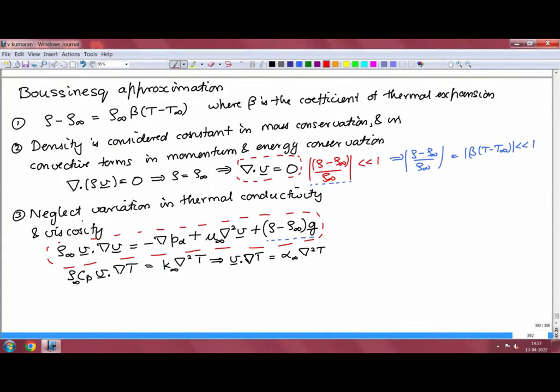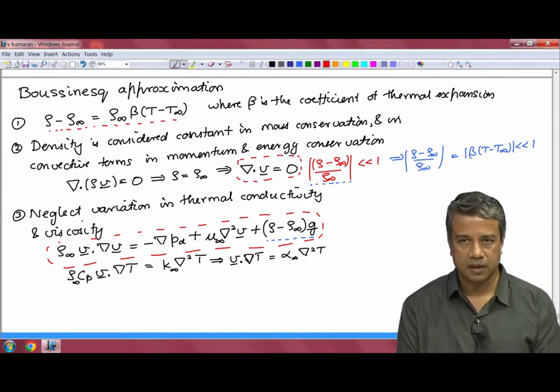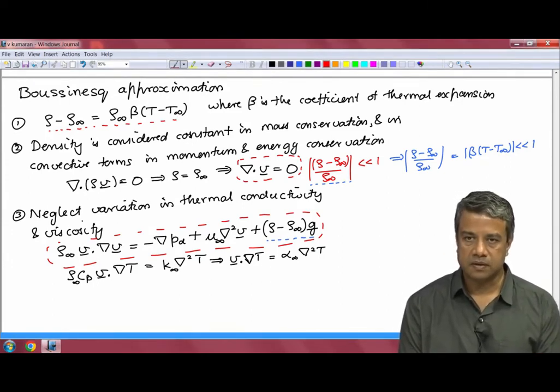We had discussed the Boussinesq approximation, the approximations that are made in the governing equations. First, the variation in density is a linear function of the variation in temperature. Note that in normal fluids, when the temperature is higher, the density is lower.